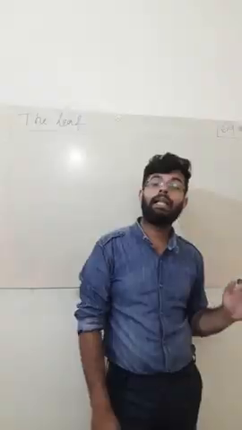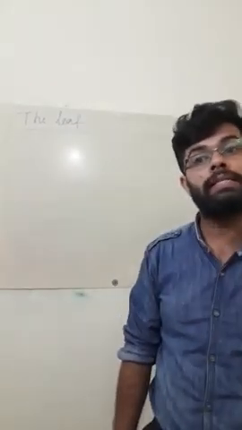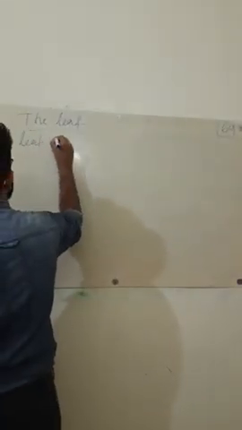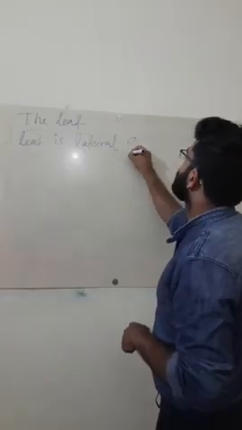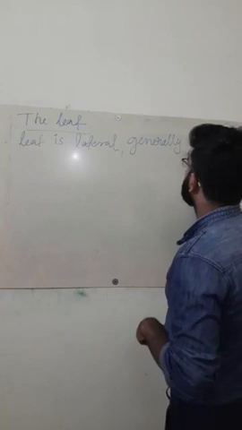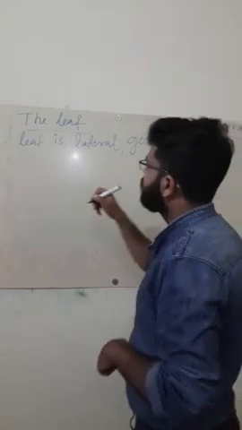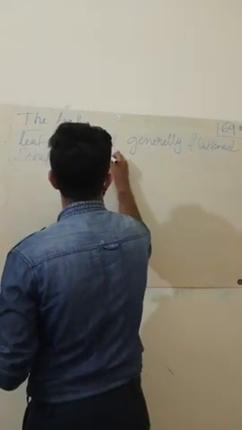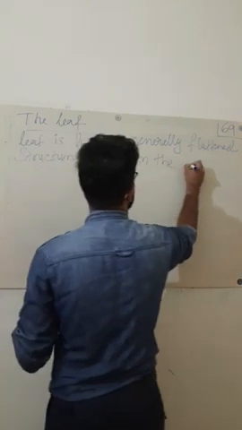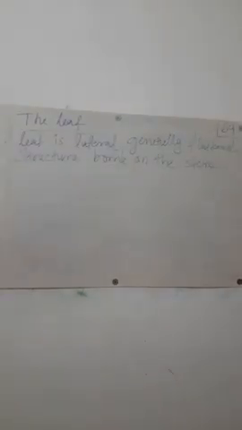The leaf is a lateral, generally flattened structure borne on the stem.